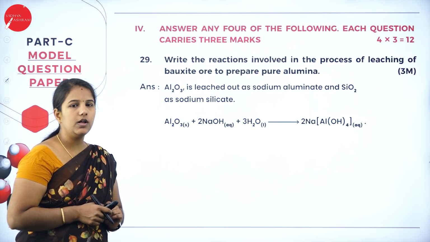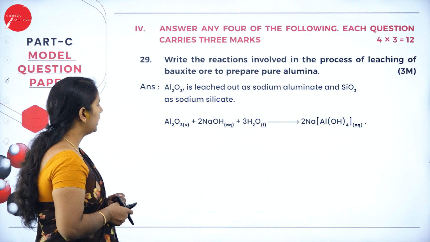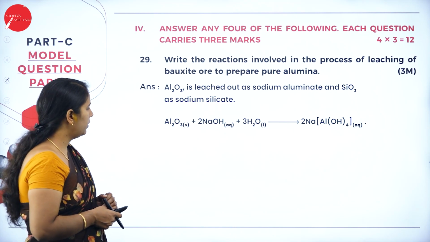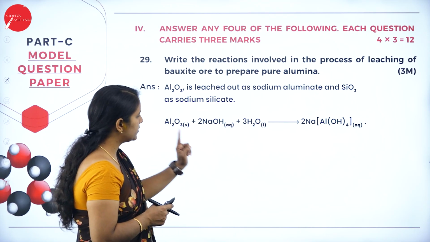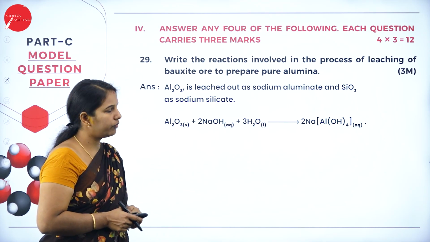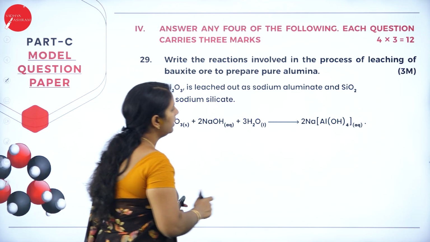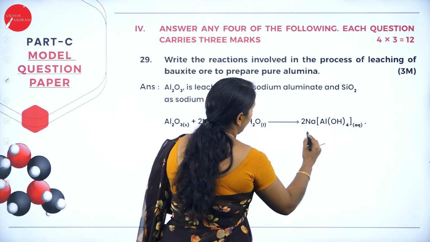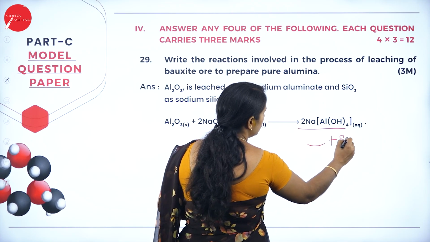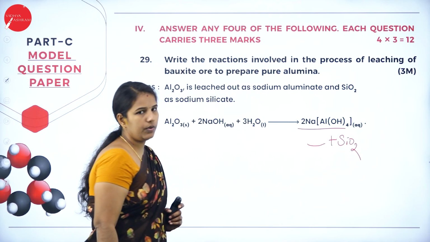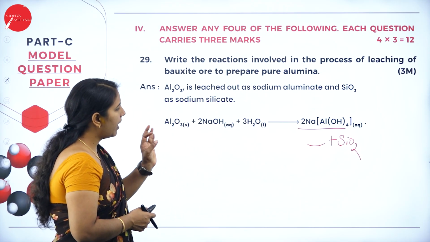Write the reactions involved in the process of leaching of bauxite ore to prepare pure alumina. We know that pure alumina is prepared using bauxite ore. In the first step, the bauxite ore is treated with a base in the presence of water, and you will get sodium aluminate. Along with this, you will also get silicon dioxide as an impurity.